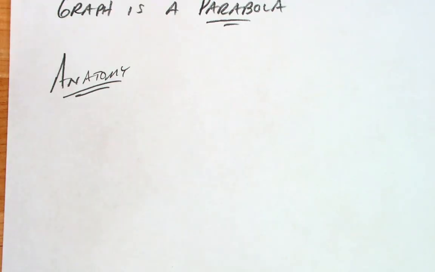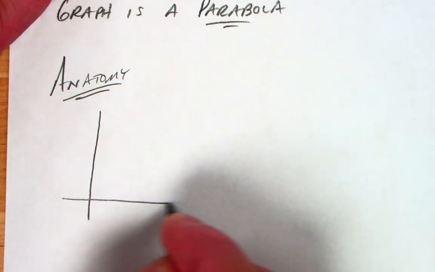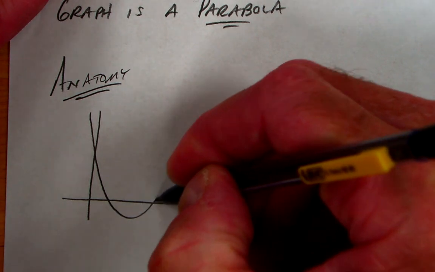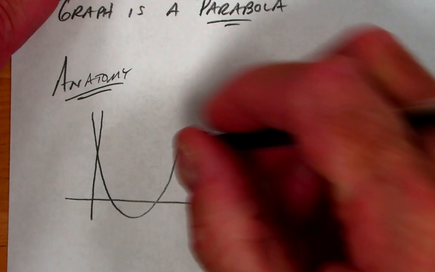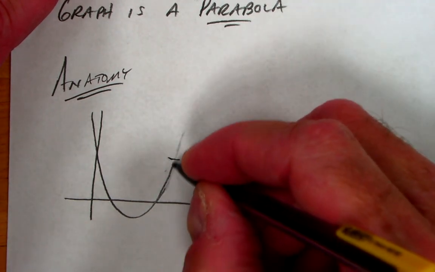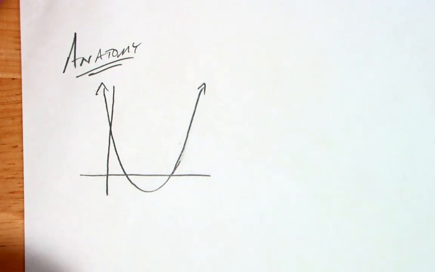Like you guys have hands, feet, arms, legs, other parts. Parabolas have parts as well. So we're just going to draw one. That wasn't overly smooth there, but I'll try and fix it. There we go. Okay.